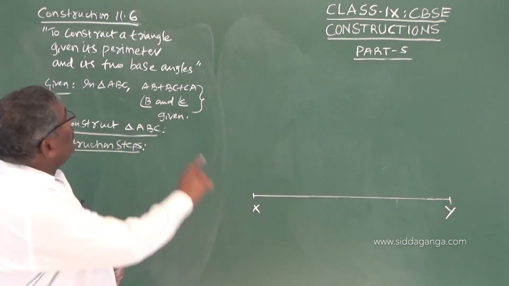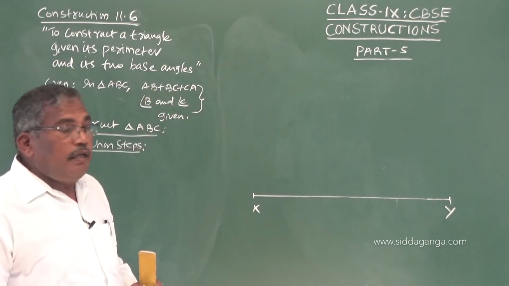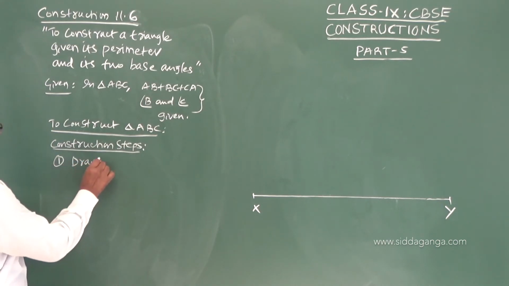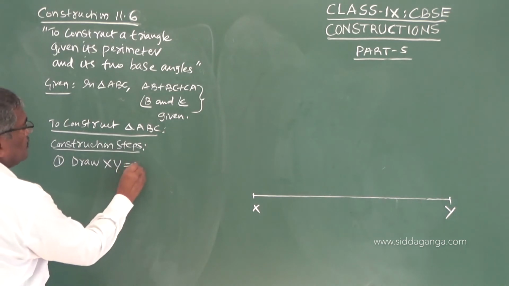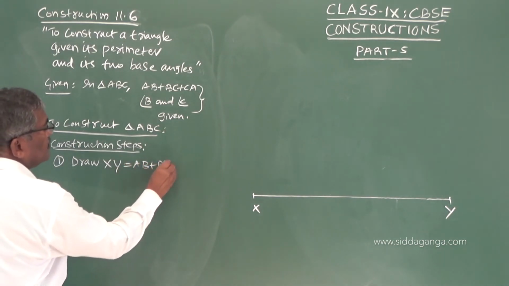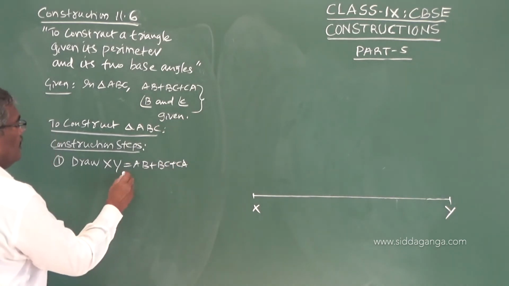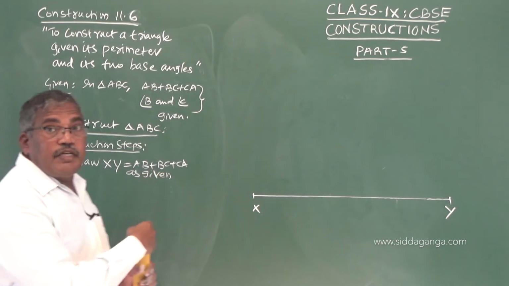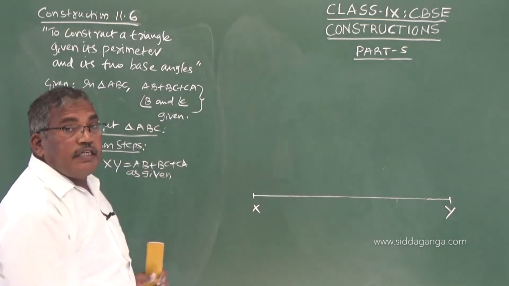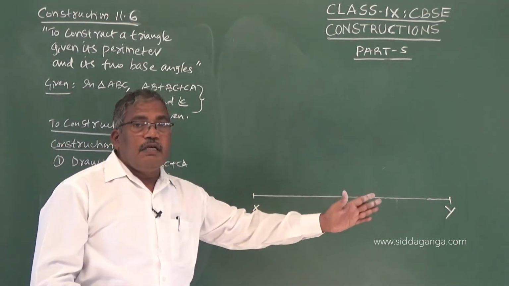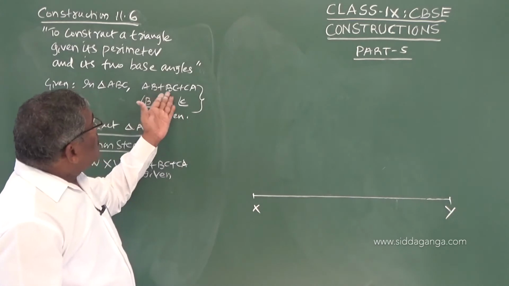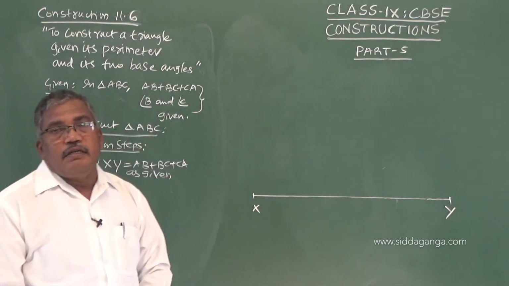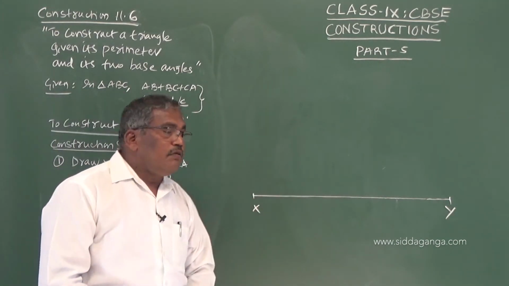XY is equal to AB plus BC plus CA. Step 1, draw XY equals AB plus BC plus CA as given. If the perimeter is given as 20 centimeters, you draw a line of 20 centimeters. If it is 28 centimeters, you draw a line of 28 centimeters. If it is 12 centimeters, you draw a line of 12 centimeters.